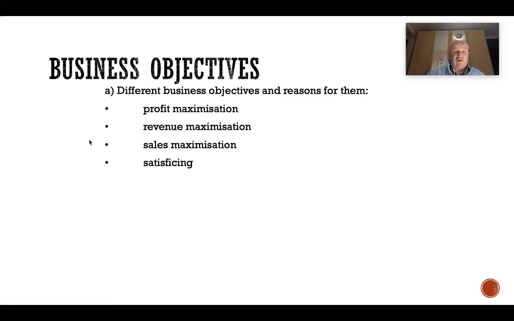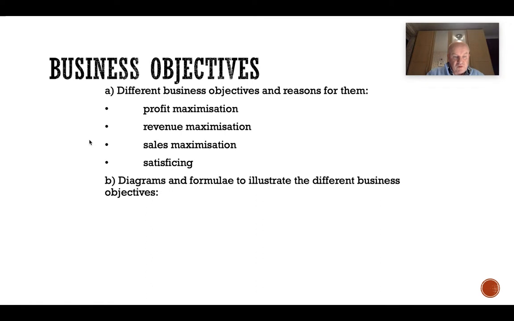In some cases, this is where we have a divorce between the owners and the managers of a business, and they might have slightly different objectives in how they go about their work, rather than being driven by the owner's main objective. That's something we'll look at in a little more detail as we go through these slides.